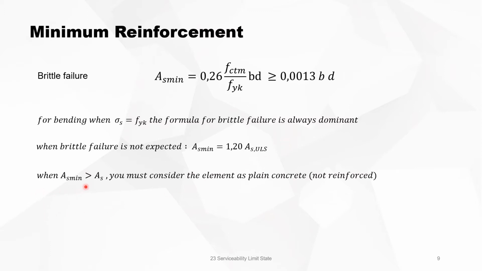When the reinforcement put in place is less than the minimum reinforcement, then you must consider the element as plain concrete and not reinforced concrete. And the maximum reinforcement, in tension and compression, is 4% of the cross section.